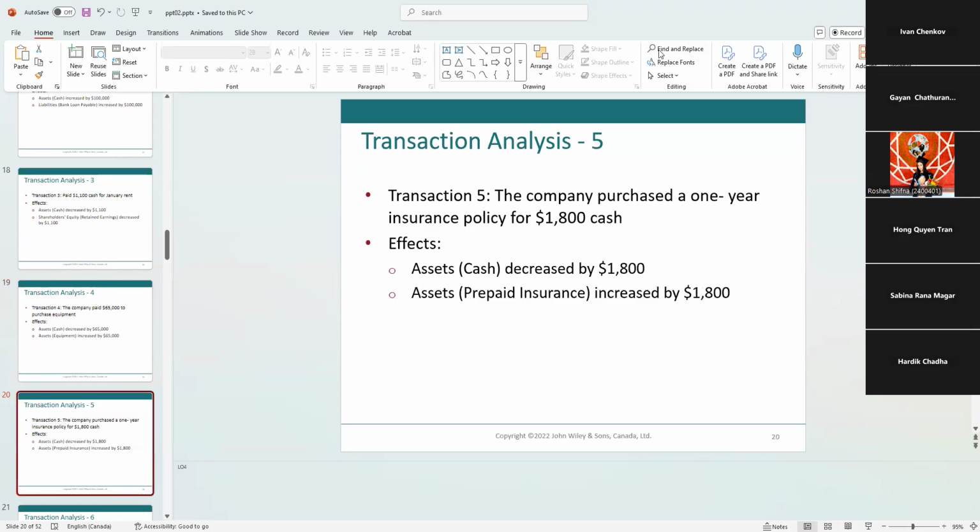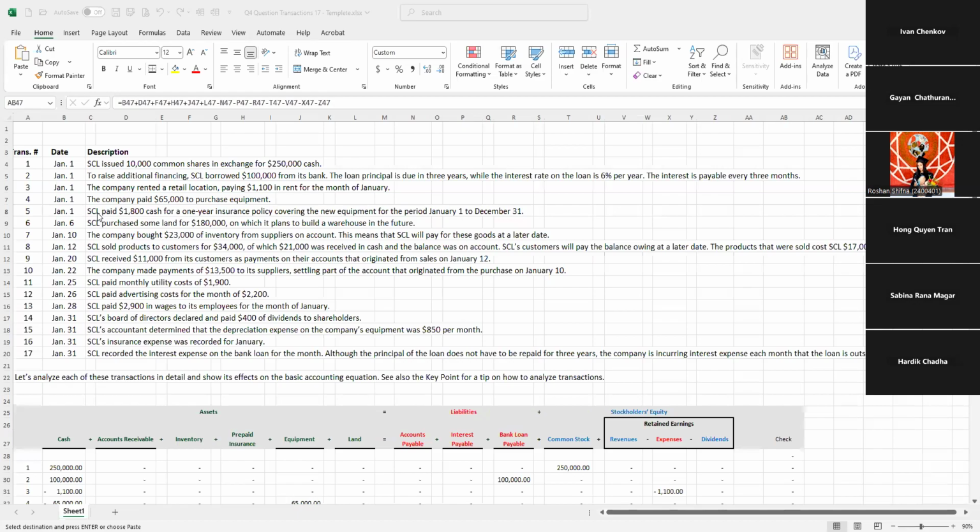Let's go now and do that on the Excel spreadsheet. So the company paid $1,800 cash for a 1-year warranty policy, covering the new equipment for the period of January 1st to December 31st.